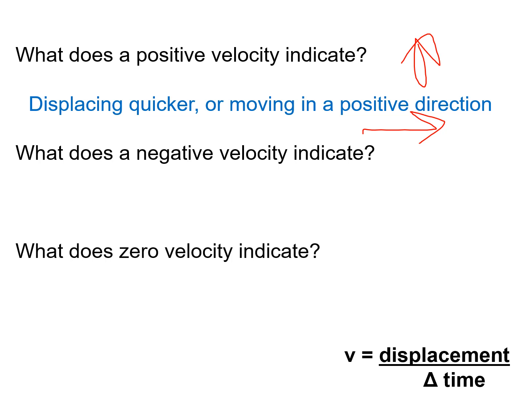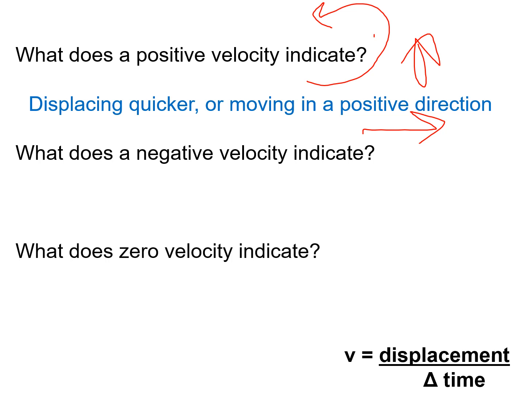There's no real good reason up and to the right is a positive direction. When we start talking about angular kinematics, we say that counterclockwise motion is usually positive.